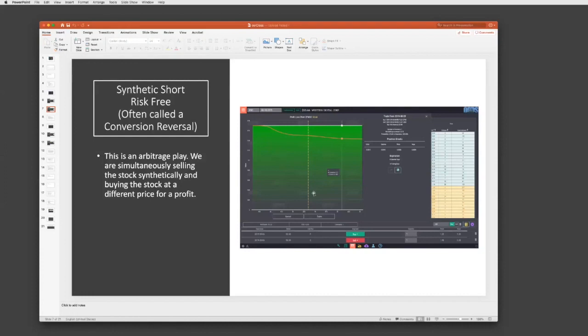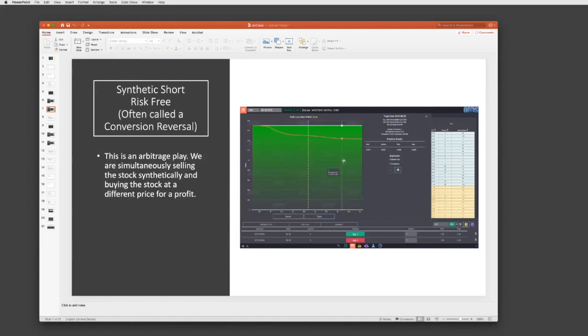And if both options expire worthless and neither gets exercised, the only way that happens is if the stock closes right on 53.50. So we can go in the open market and sell our shares at 53.50, and we have our guaranteed profit.